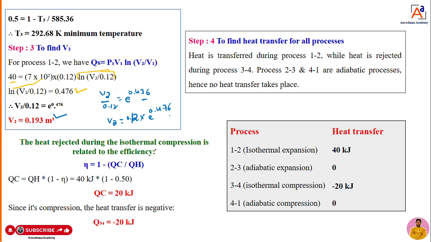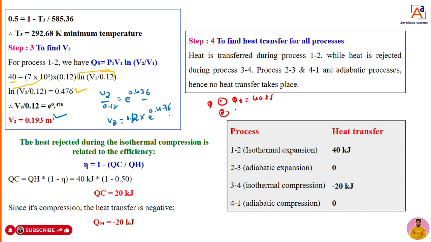Once it's done, we need to calculate the heat transfer in each process. In the first process he has given the heat, q1, I will write it here now. He has given 40 kilojoules.